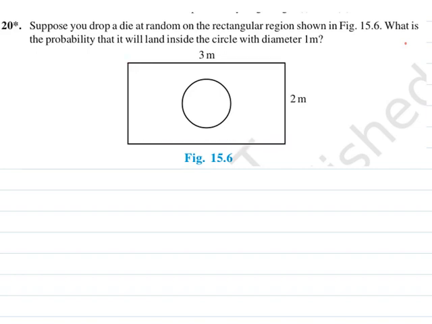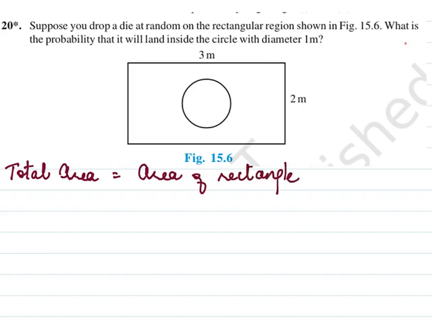So the total area is the area of the rectangle, the length is 3 meter and the breadth is 2 meter. So the area is 3 into 2, that is 6 meter square.